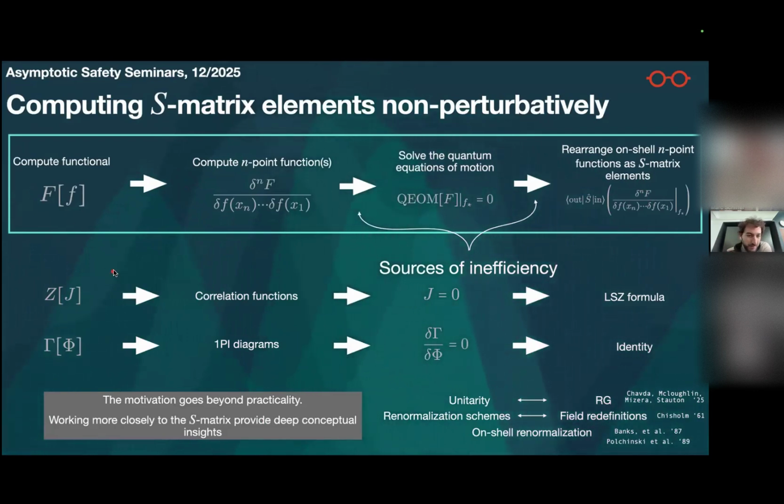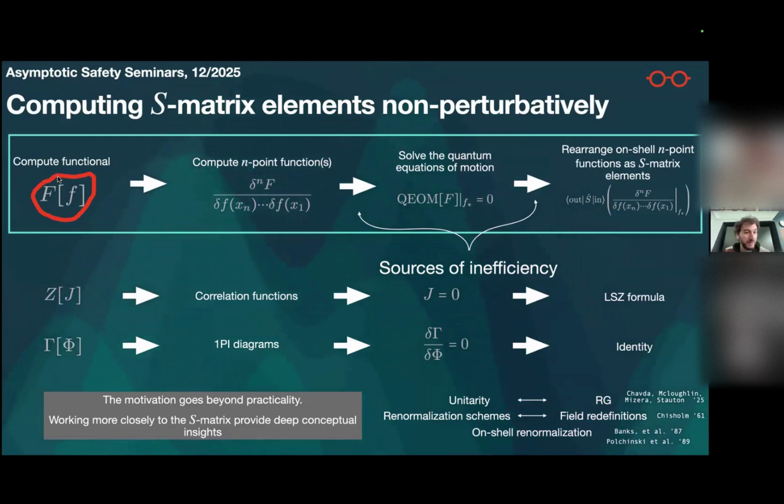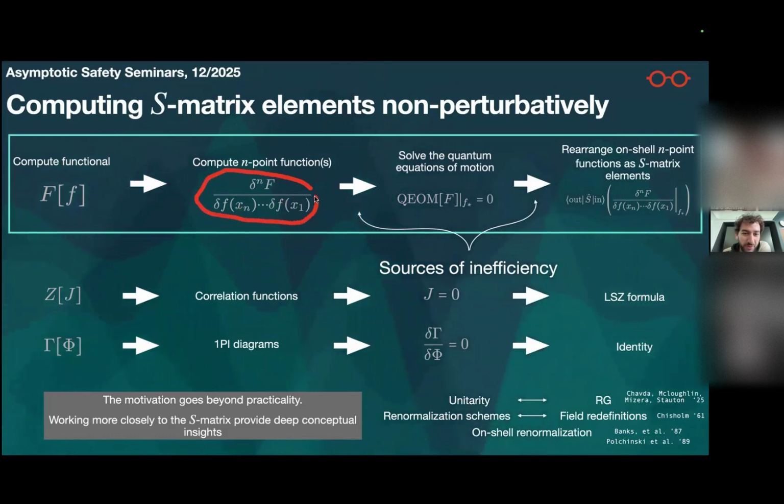And the general recipe is something that looks like what I have in here. So here we have the main steps. The first step is that I compute some functional, big F, as a function of field little f. This is already a non-trivial step because it basically amounts to computing a path integral or solving something like the Polchinski or Wetterich equation. Then we compute the n-point functions that this functional defines, which is basically just taking a bunch of functional derivatives.